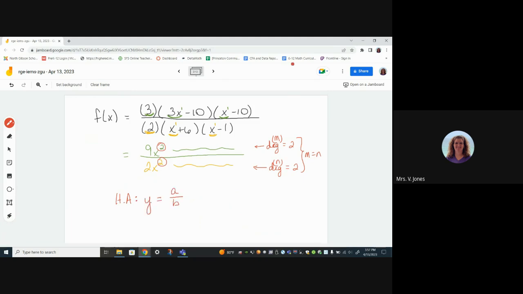My notes on this video are just reminders of what you see on your actual notes. A is your lead coefficient of the numerator, and B is the lead coefficient of your denominator.